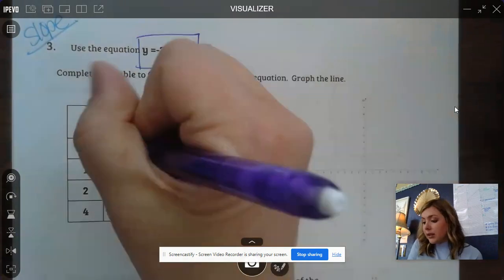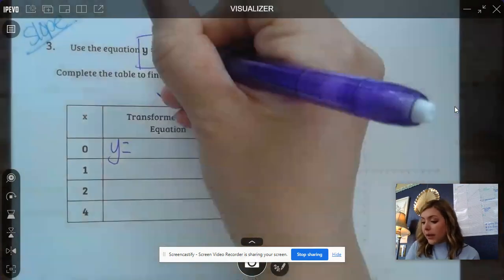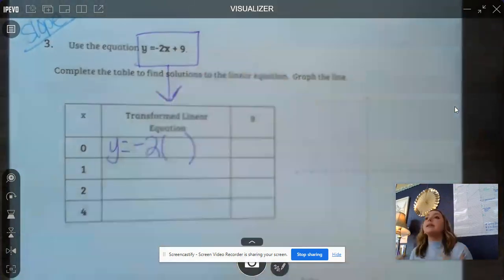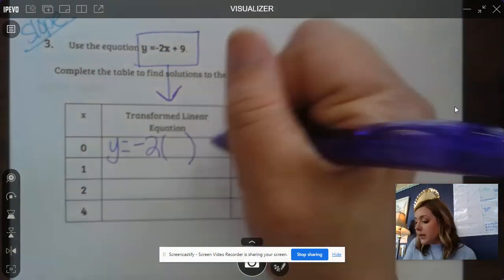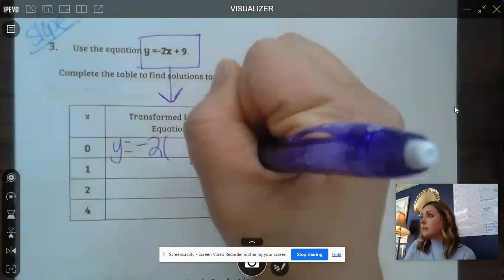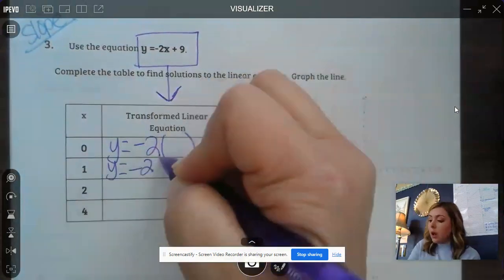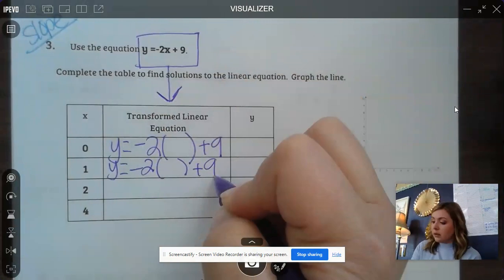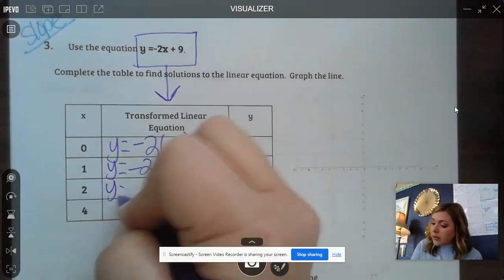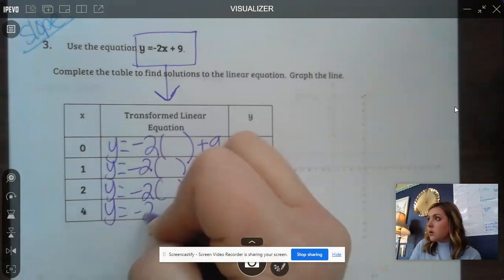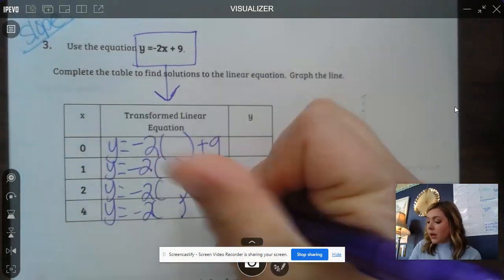So that should look like this. Y equals, plug in my slope, -2, parentheses for X because I'm not writing X, I have numbers to put in for X, plus 9. And I'm going to set this up each time: y equals -2, open parentheses, plus 9.